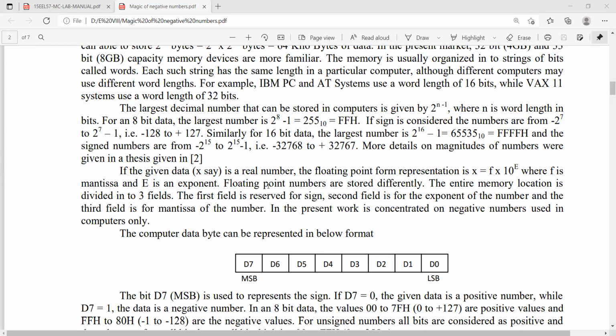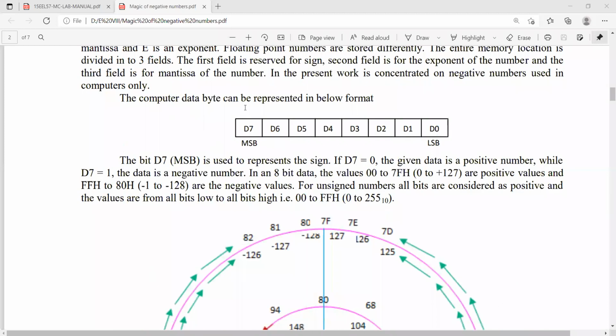Generally, in the 8085 or 8051, whatever the 8-bit processor, one byte of information has the first bit, that is the MSB, the most significant bit, and at the other end the least significant bit.